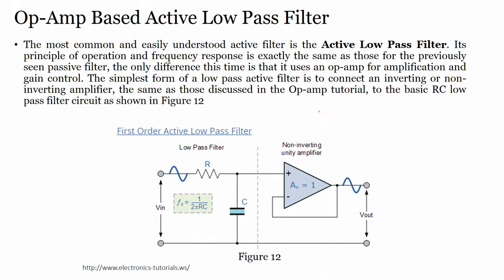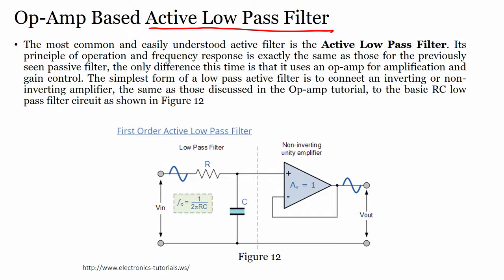This is nothing but your unity gain amplifier, our favorite unity gain amplifier. We have seen it in the previous modules, and it is super easy to operate, and a very important component when understanding the loading effect. If you remember, we used the unity gain amplifier or buffer for removing the loading effect. So, if I connect the R and C with my op amp, which is a unity gain amplifier, it becomes my active low pass filter.